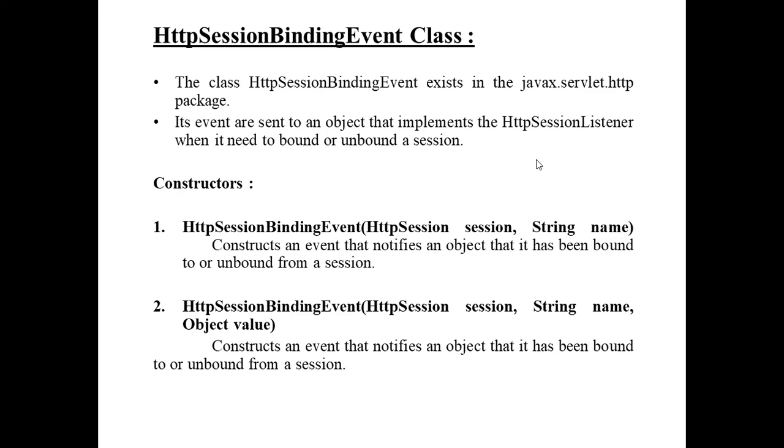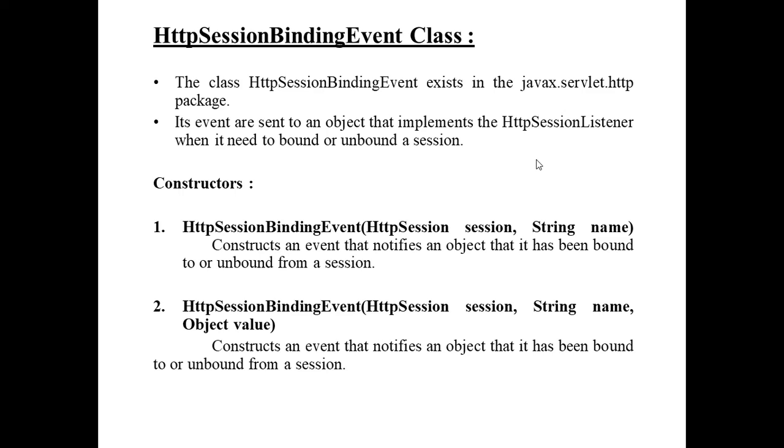See some constructors of the HttpSessionBindingEvent class. The first constructor is HttpSessionBindingEvent having two parameters, HttpSession object and String name. This constructs an event that notifies an object that it has been bound or unbound from the session. The second constructor is HttpSessionBindingEvent having three arguments, HttpSession object, String name and Object value.